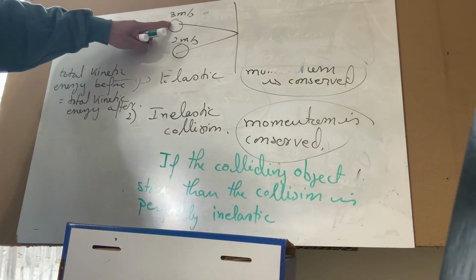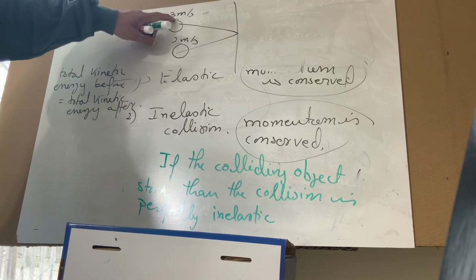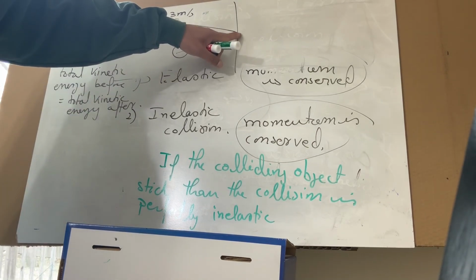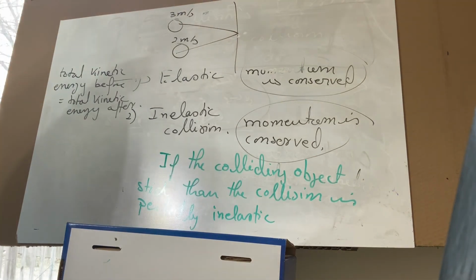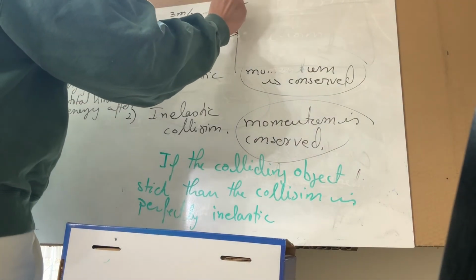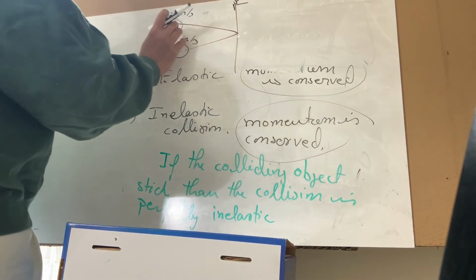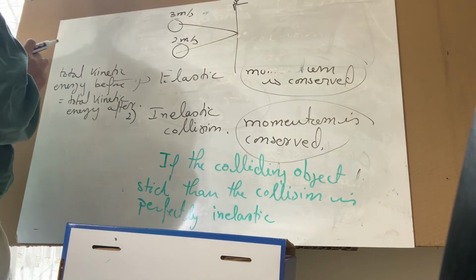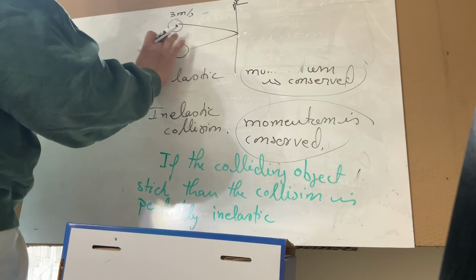So the kinetic energy before and after are not the same. So this collision in the first example was inelastic, right? If you're sitting on the wall, you'll see the object come at a certain speed and bounce back at a smaller speed. What if they bounce back at the same speed?